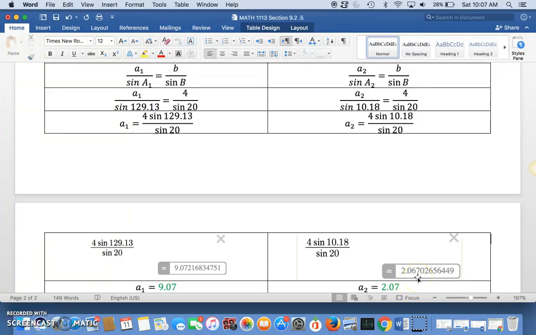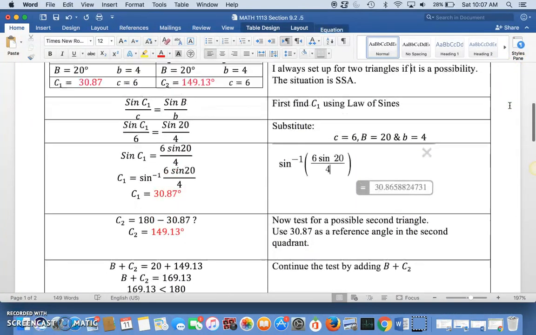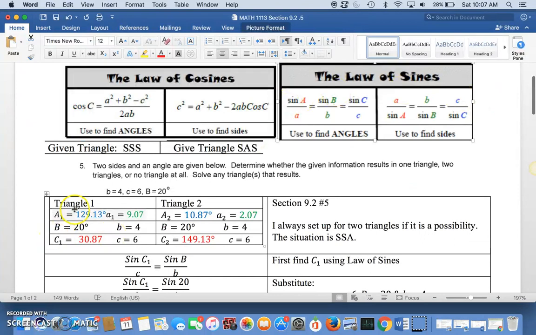At this point, you realize you have to be real careful, because they're two separate triangles and it's easy to get these two things confused. You should have everything now. In the first triangle, angles A, B, and C, sides a, b, and c. Second triangle, angles A, B, and C, sides a, b, and c.